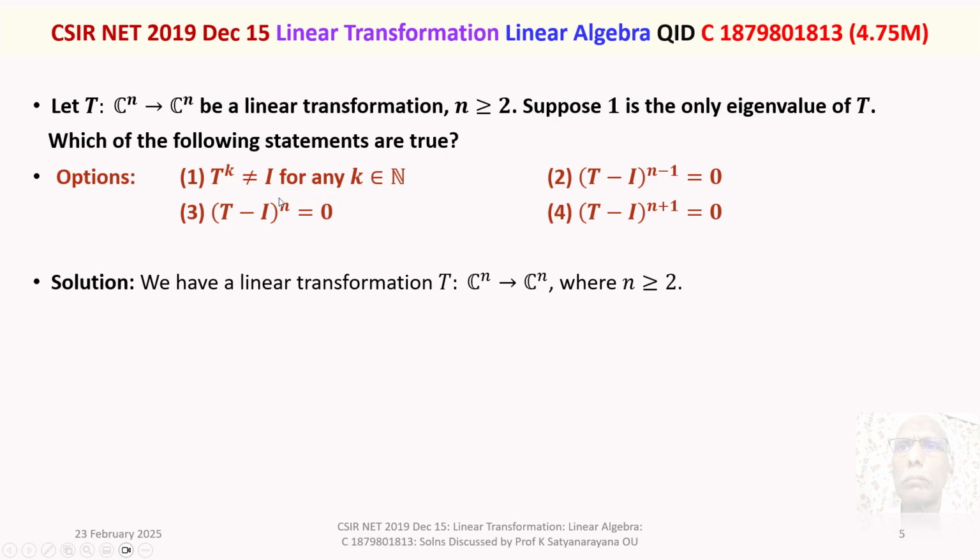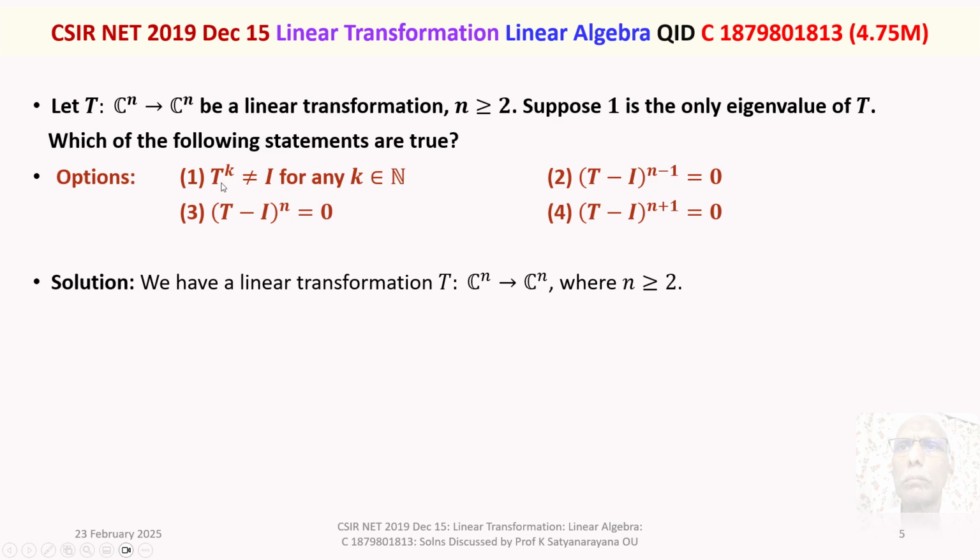Corresponding to every linear transformation, there is an underlying matrix. Therefore, we will think in terms of the matrix associated with T. There is no loss of generality in doing that.